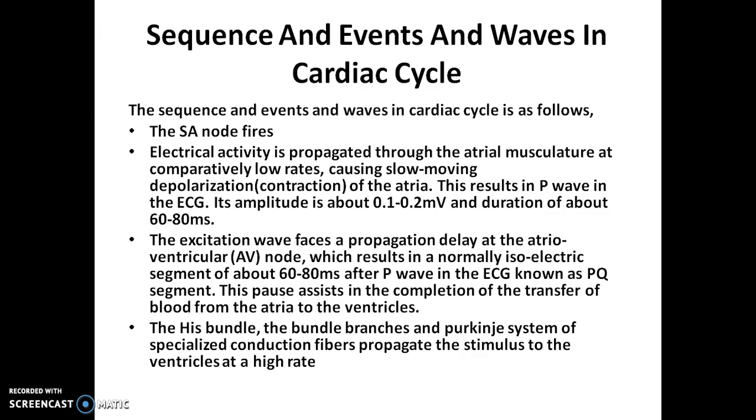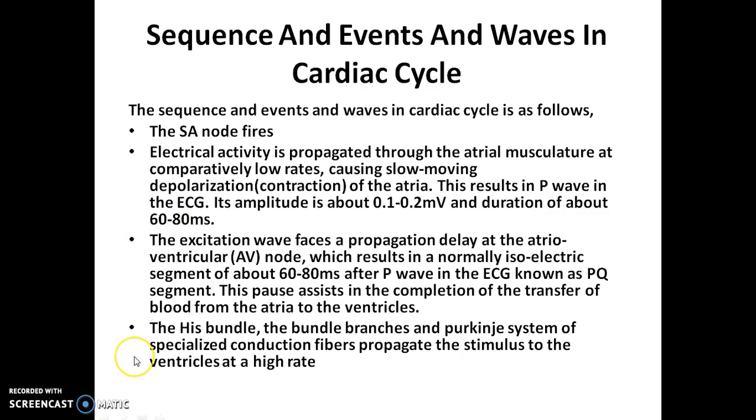This contraction of the atria results in a wave called the P wave in the ECG. Its amplitude is around 0.1 to 0.2 millivolt, and the time duration of the P wave is 60 to 80 milliseconds.